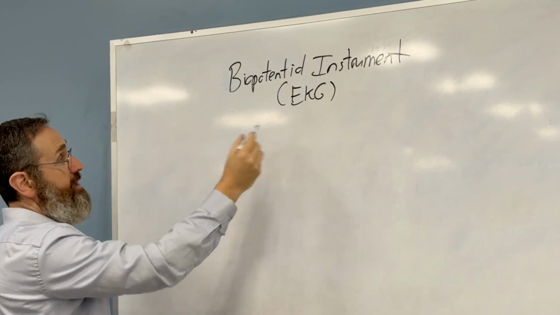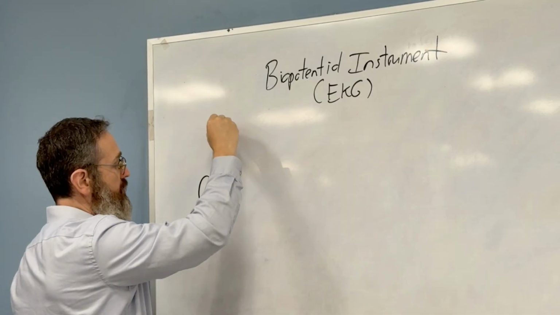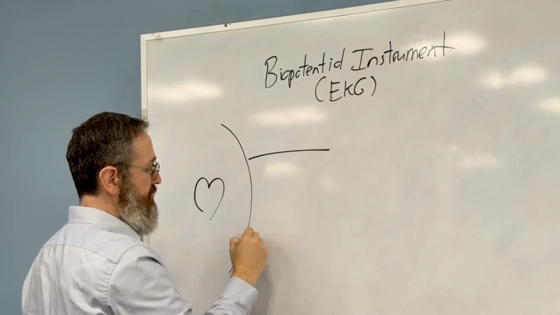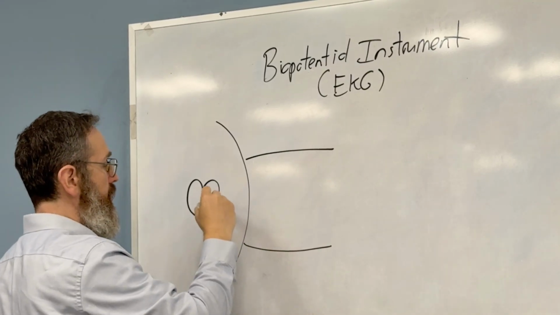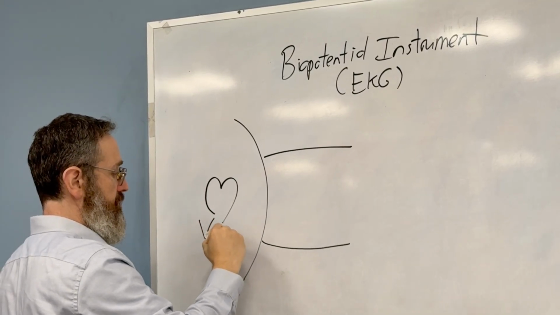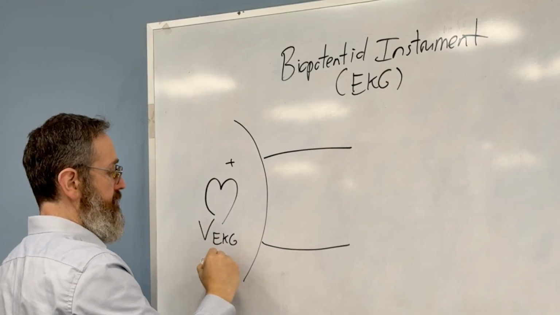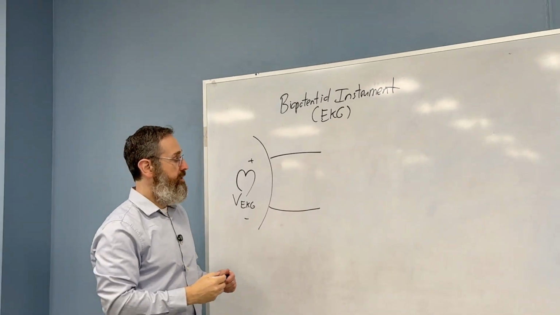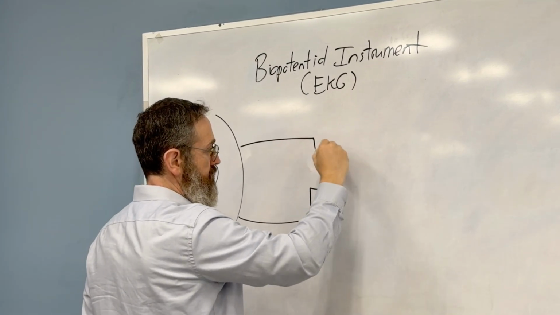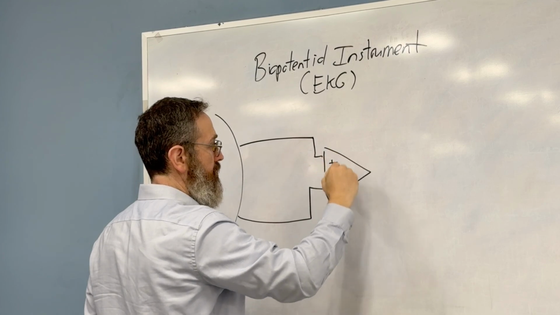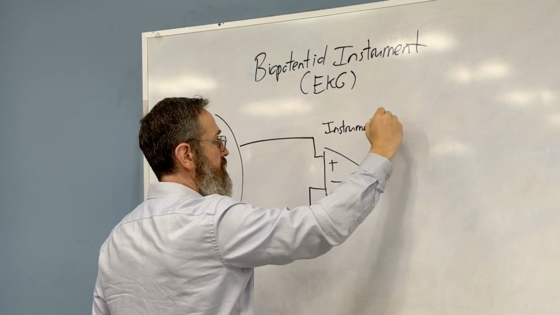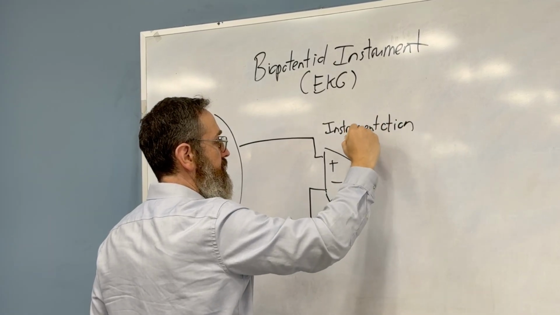It could be any biopotential, and I want you to imagine here we have the heart, we have the surface of the body, and as before, we have two wires that will measure a voltage coming out, and we will be connecting this to an instrumentation amplifier.